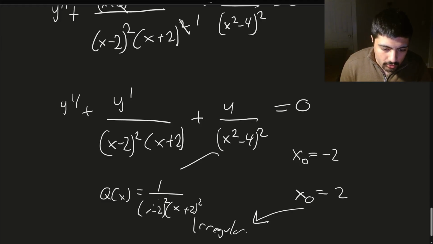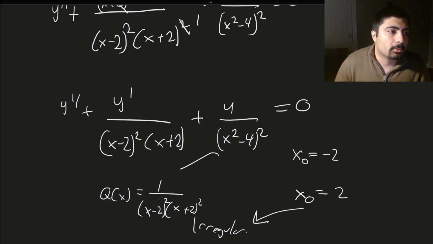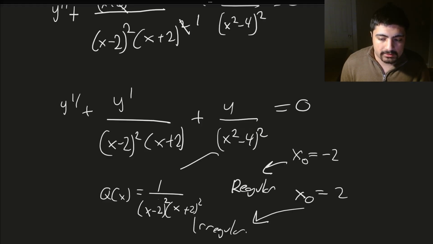Okay, so (x minus 2) squared and (x plus 2) squared, both of them don't appear more than the second power. So actually, this requirement is satisfied for both of the singular points, but the first part where we have 1 over (x minus 2) squared is the reason why x0 equals 2 is an irregular singular point. So this is why x0 equals negative 2 will be a regular singular point.